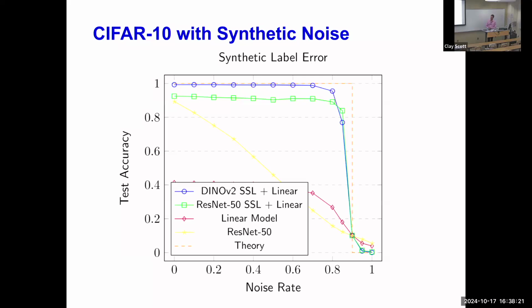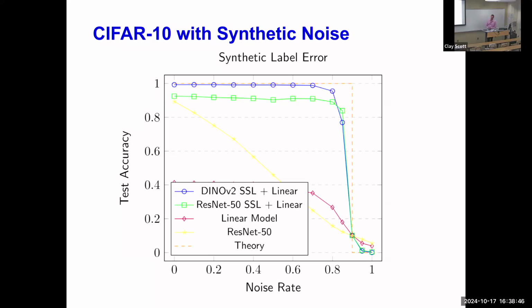Fitting ResNet 50 is a much larger model with, I don't know, 500K parameters, whereas a linear model is more low dimensional. So SSL plus linear combines the idea of, on the high dimensional side, doing self-supervised learning to avoid the noise, and then linear is low dimensional.